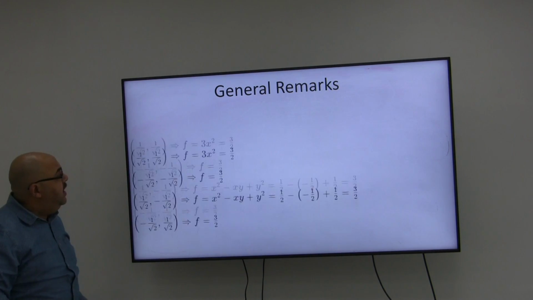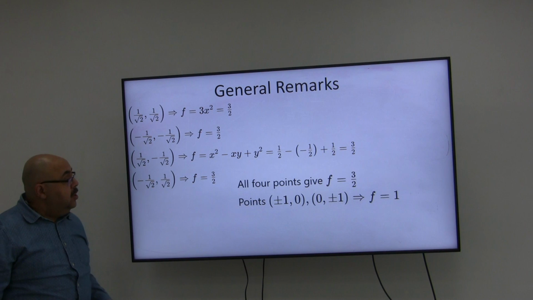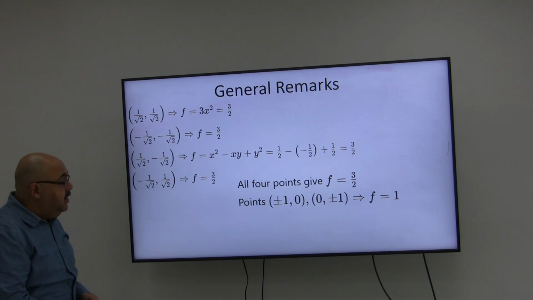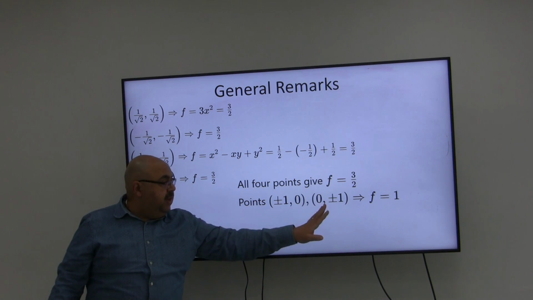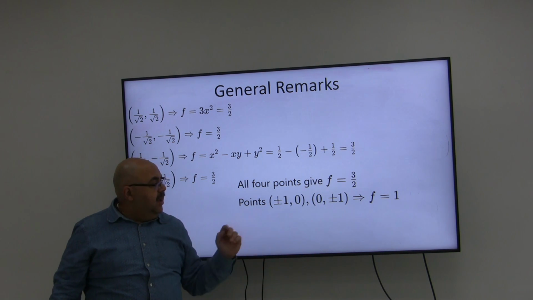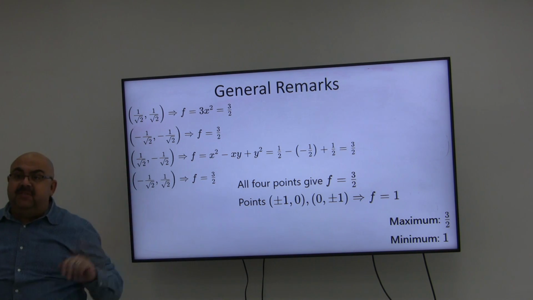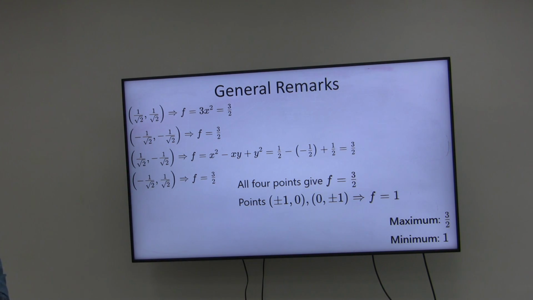This is why we have 4 points. For all of them, the value of the function is 3 over 2. Okay? So for the time being, the lowest values will happen when y is equal to 0, where the function equals 1, and the largest will happen at these 4 points.